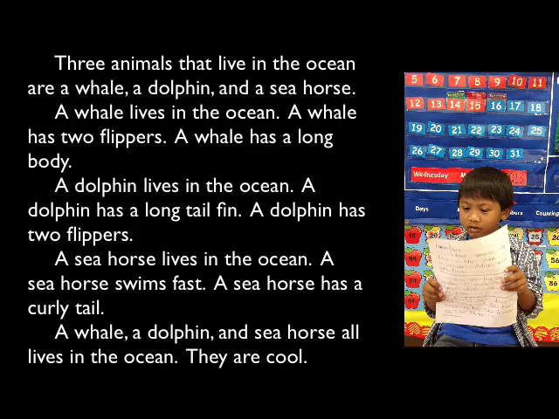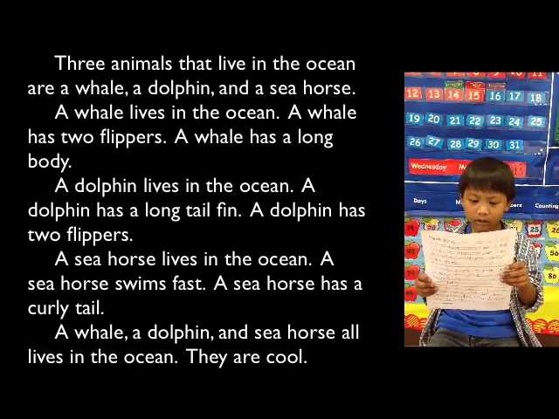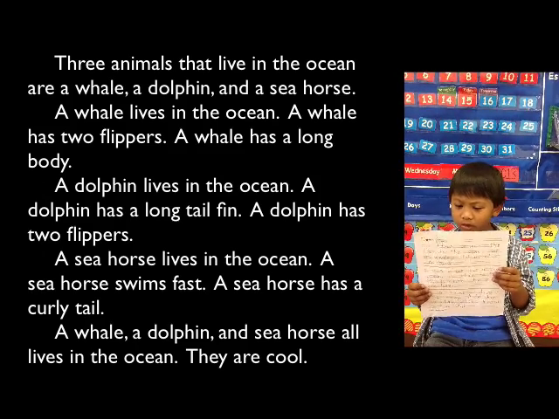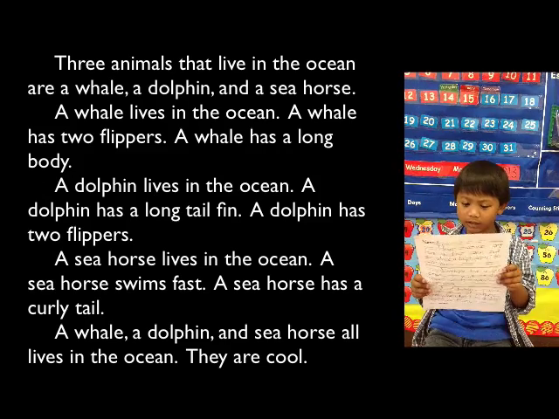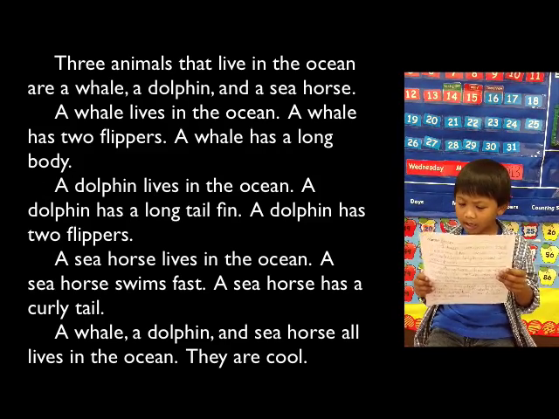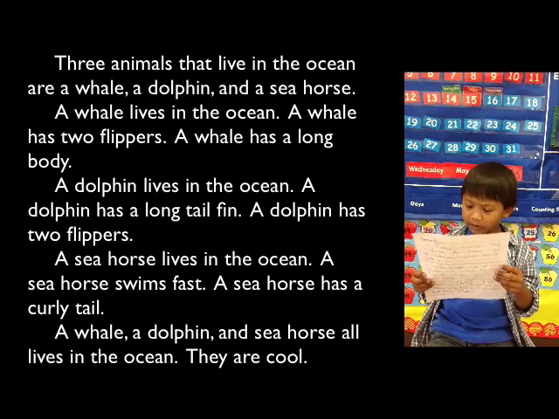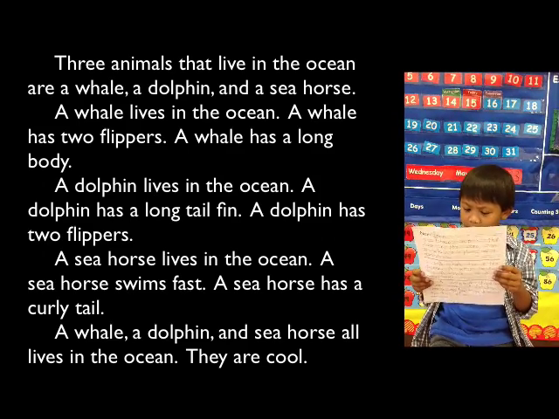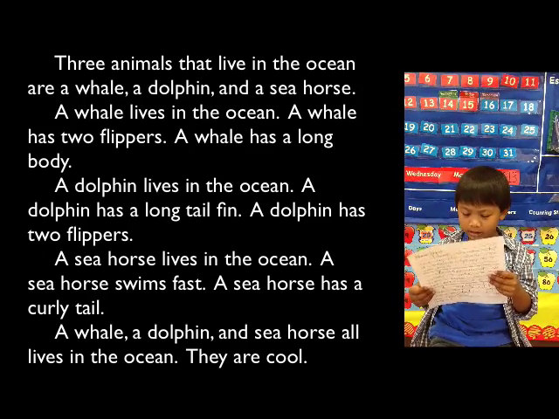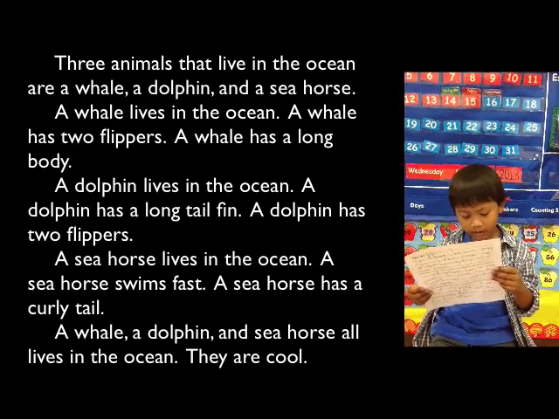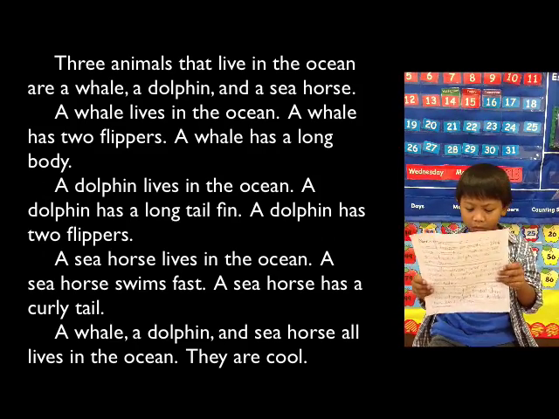A seahorse lives in the ocean. A seahorse swims fast. A seahorse has a curly tail. A whale, a dolphin, and a seahorse all live in the ocean. They are cool.